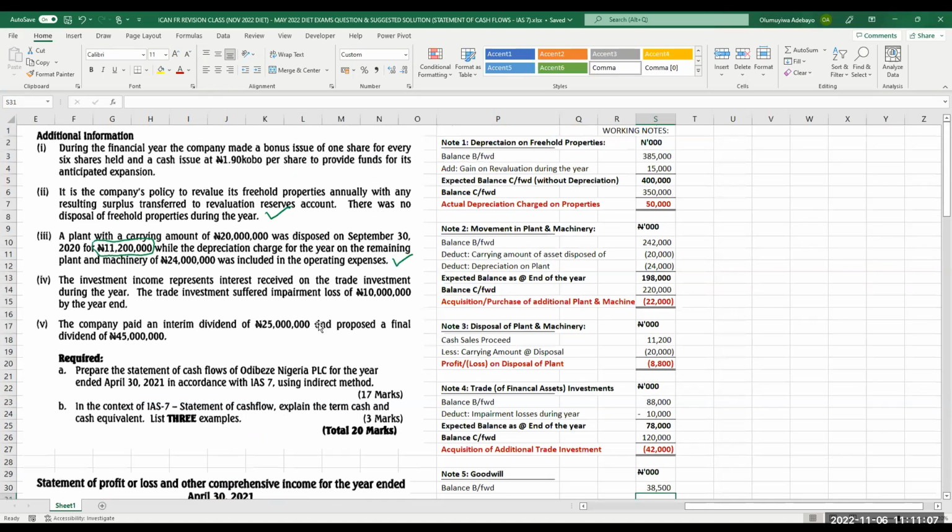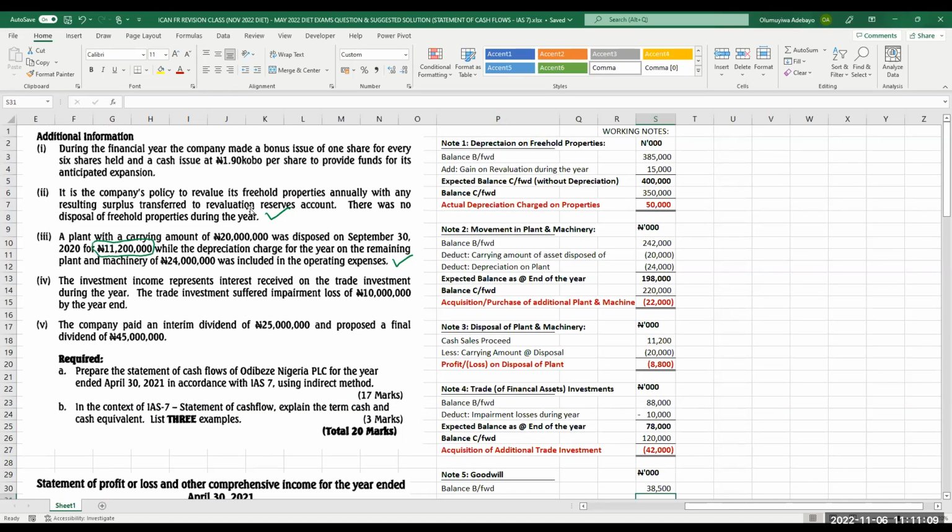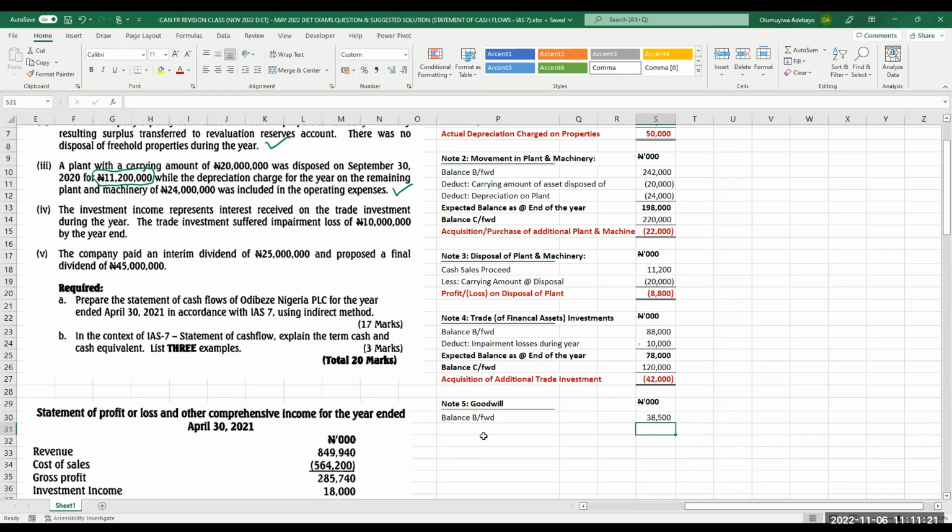We have no information about goodwill here, which means there was no acquisition of a subsidiary to increase our goodwill. Neither was there a disposal of subsidiary to reduce our goodwill. But there's something that reduces our goodwill other than those two, is that we will now compare our goodwill as at the end of the year with what we have at the beginning of the year. And end of the year, we are told it is zero.